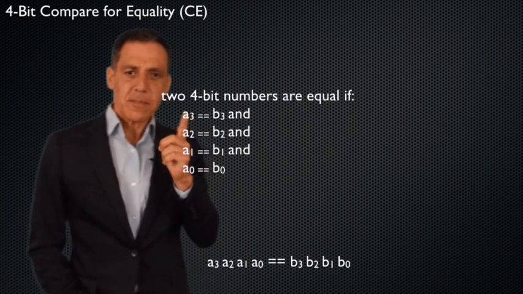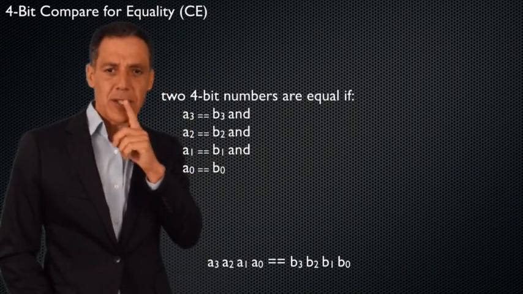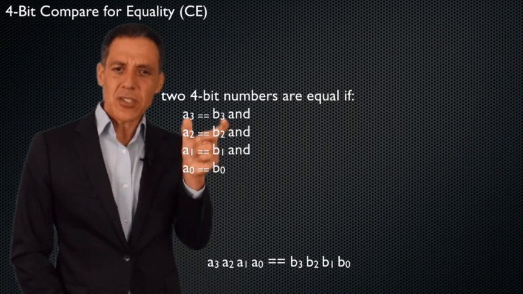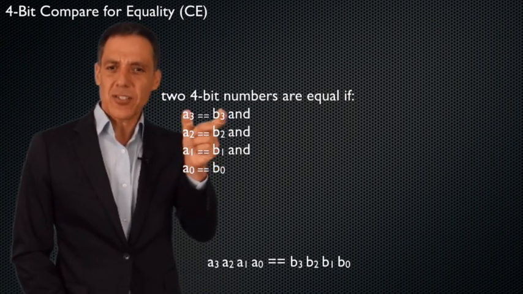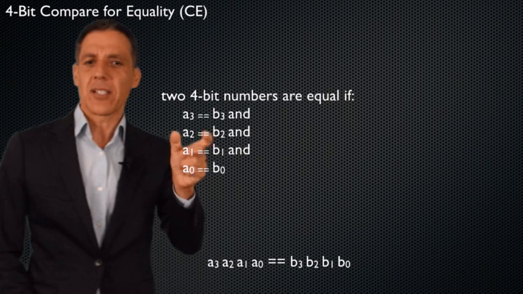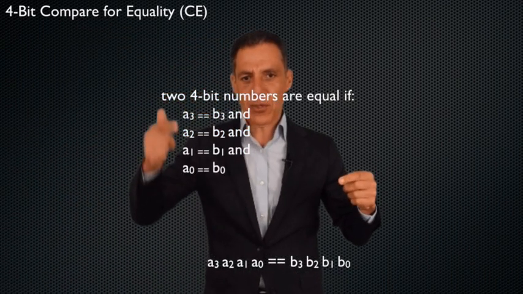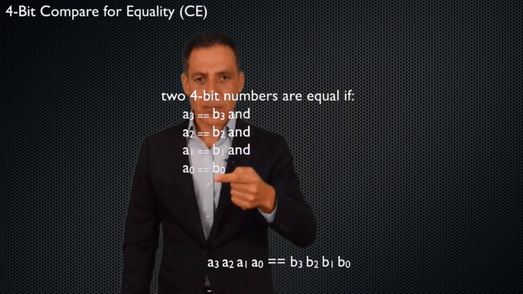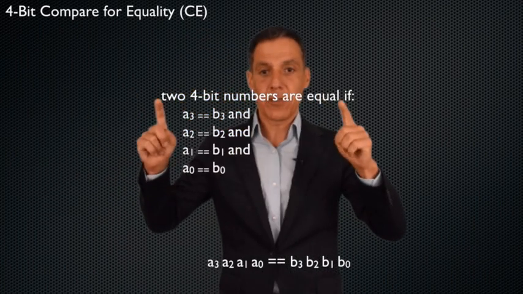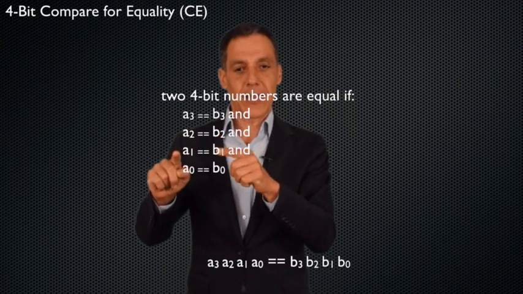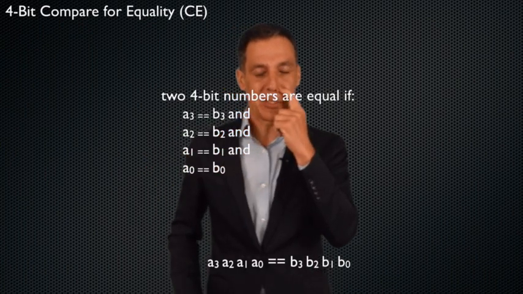Because when we think about it in these two 4-bit numbers, I'm really doing a very simple computation over and over again. So what is that? Well, I sort of said it. I said that this 4-bit number A and this 4-bit number B are equal if A3 is equal to B3 and A2 is equal to B2 and A1 is equal to B1 and A0 is equal to B0.